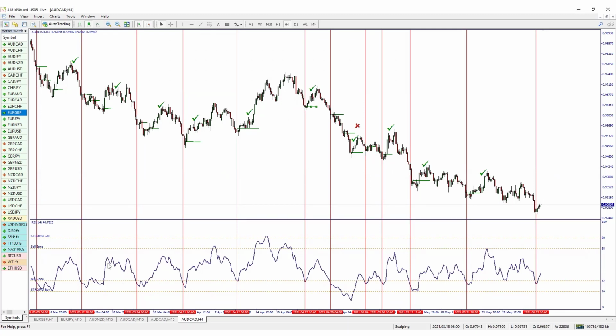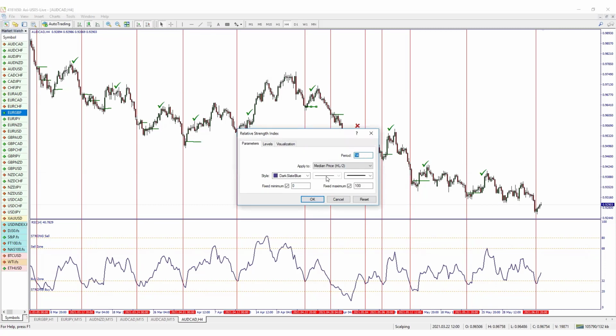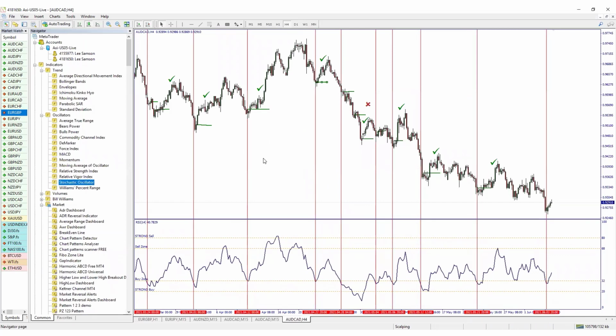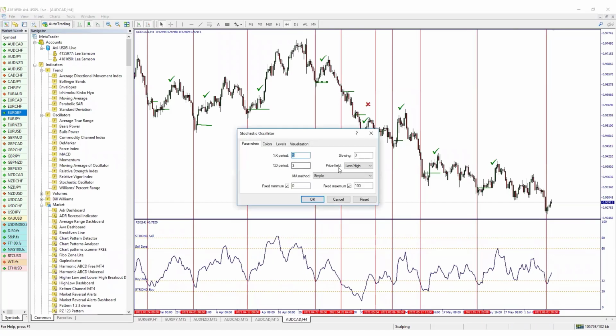and you can fine tune it a lot easier than other indicators because there is only one real setting in the RSI, which is your period. Obviously the apply-to will make a slight difference to it, but there is only one setting, whereas with things like the stochastics, you've got 3 different settings, and you can choose high, low, and close.